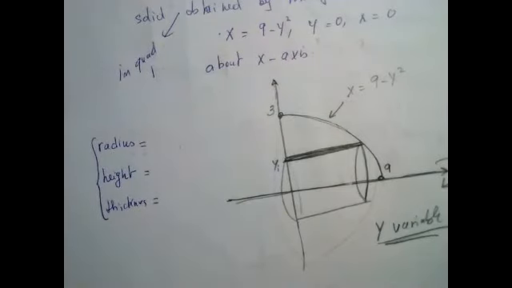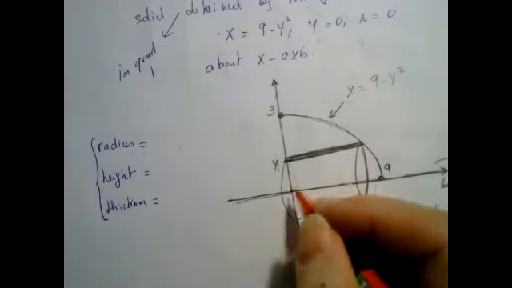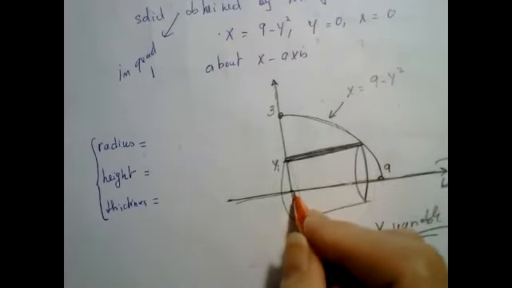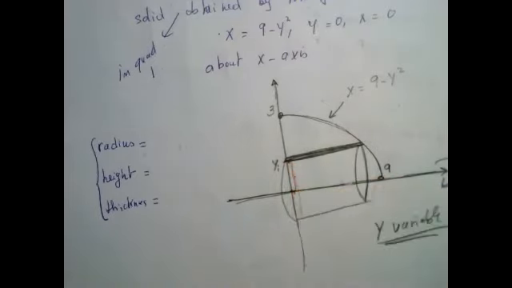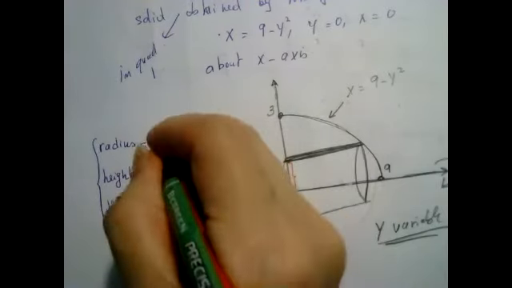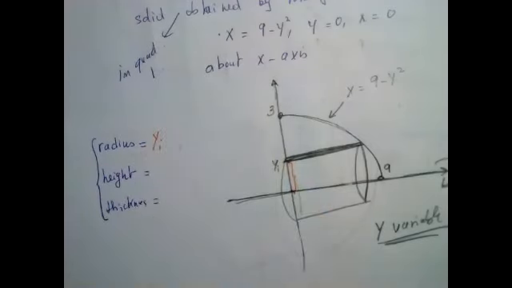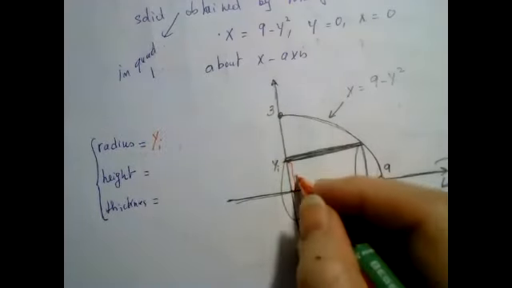What is the radius in this scenario? All of you are responsible. Y. Right? y_i. Absolutely, y_i. Because the radius is from the base to the axis of rotation. That's the radius. Okay, that's my radius. So my radius now is the y_i.